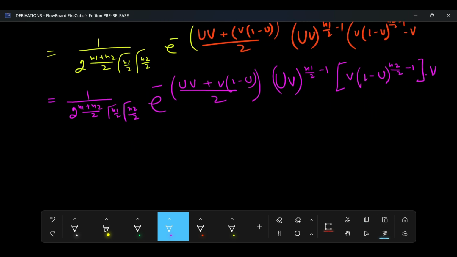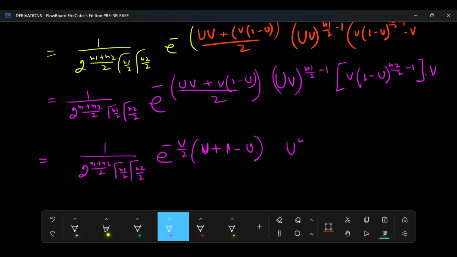So let's rearrange the terms. So this will be equal to 1 upon 2 raised to the power (n1 plus n2) divided by 2, gamma n1 divided by 2, gamma n2 divided by 2, e raised power, what we will do here, can we take v as a common? So this is minus v upon 2, that's u plus 1 minus u.